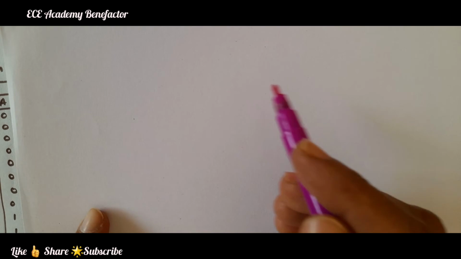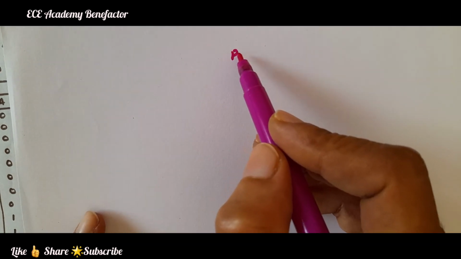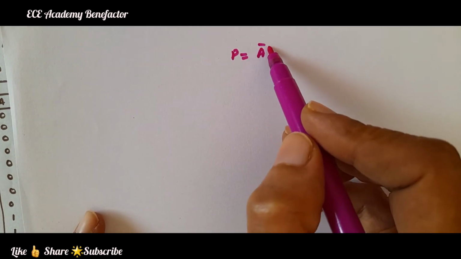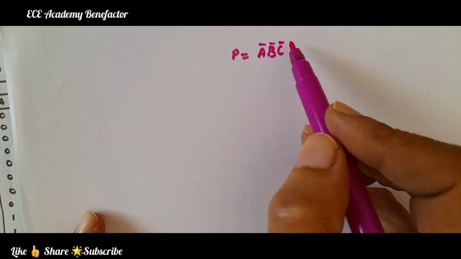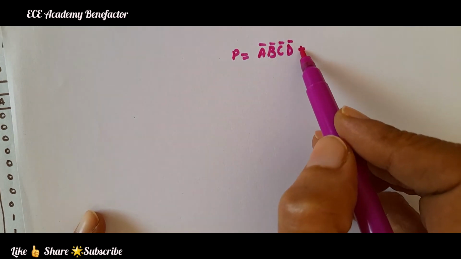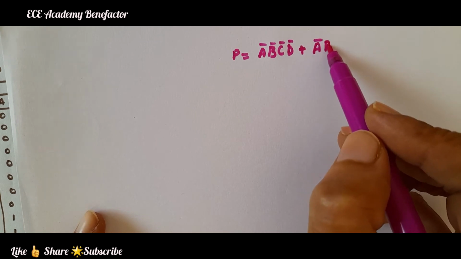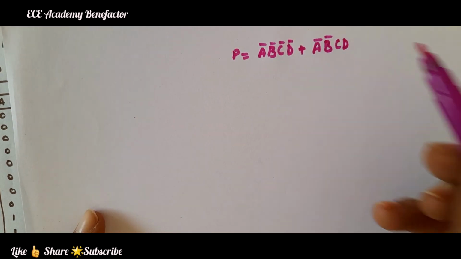So parity is coming to be as A bar, B bar, C bar, D bar plus A bar, B bar, C, D.